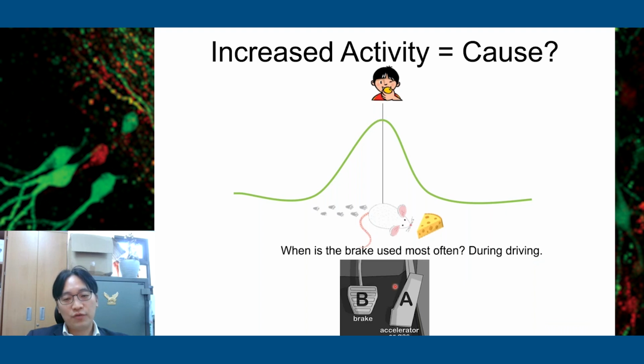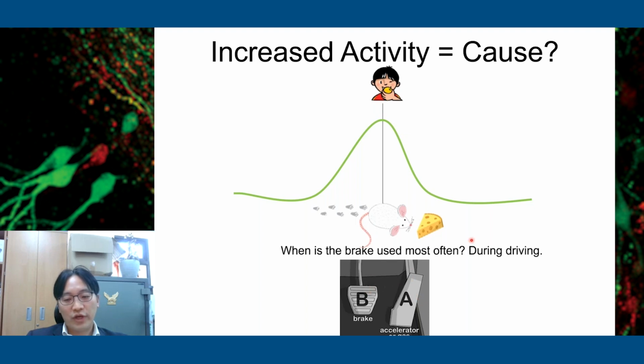If you were to record the accelerator gas or the brake of a car, then when the car is parked, there is no activity. When you drive on the highway, you press both pedals frequently, but when you stop driving and park again, they all decrease. So this higher activity could be the gas or it could be the brake.